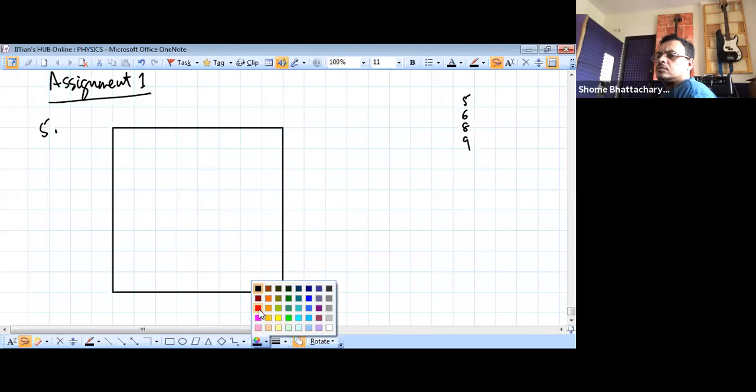Now there's a coin sitting at the center. And now you want to pocket it, let's say in this corner, but not directly. You wanted to take a path like this. So you will have to hit this coin in such a way that its path will be like this, and it will rebound.